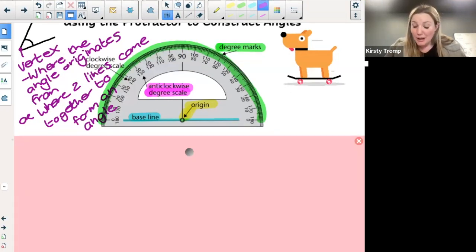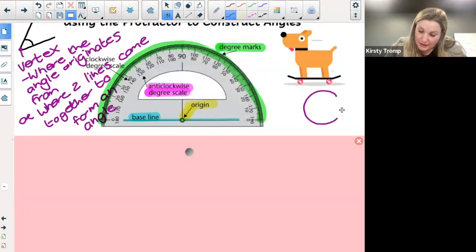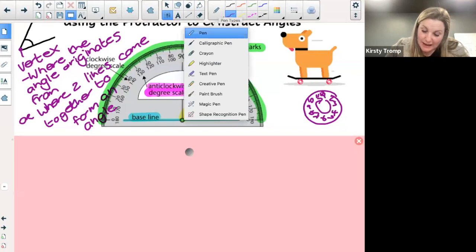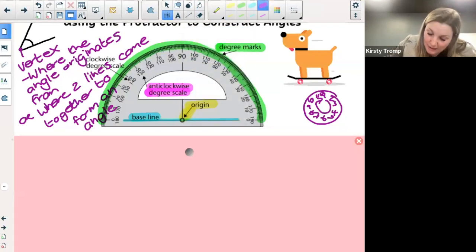If you think about how a clock goes, here's my little clock: 1, 2, 3, 4, 5, 6, 7, 8, 9, 10, 11, 12. This is the way that a clock goes. So on the inside of the protractor, I have my anti-clockwise numbers. Here they are, going anti-clockwise.